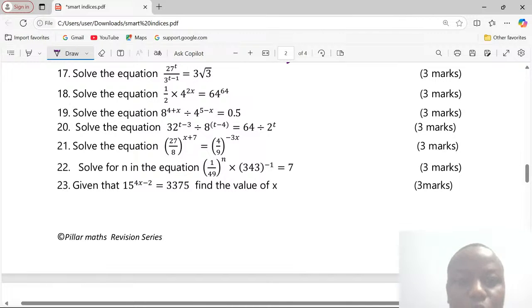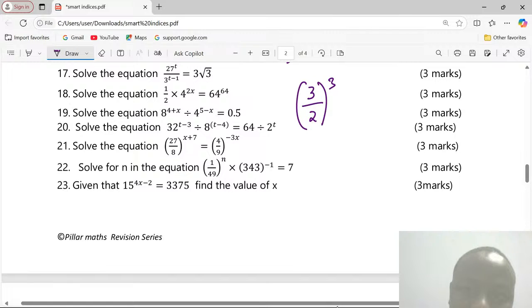We can look at a common power, which might be raising some bases. The bases might be different in the composite numbers, but they can be raised to the same power. For example, 27 is 3 power 3, and 8 is 2 power 3. So we can say 3 over 2, everything to the power 3. This will give us 27 over 8.